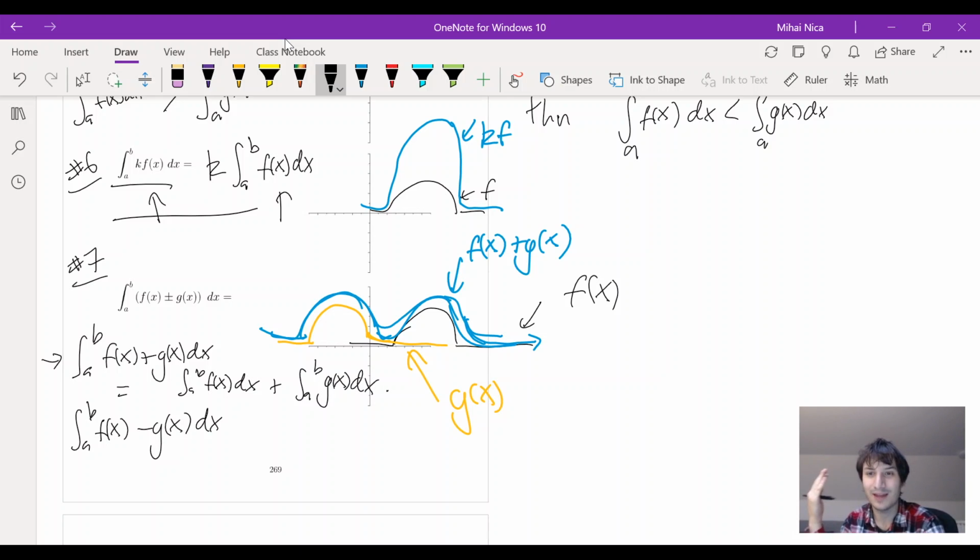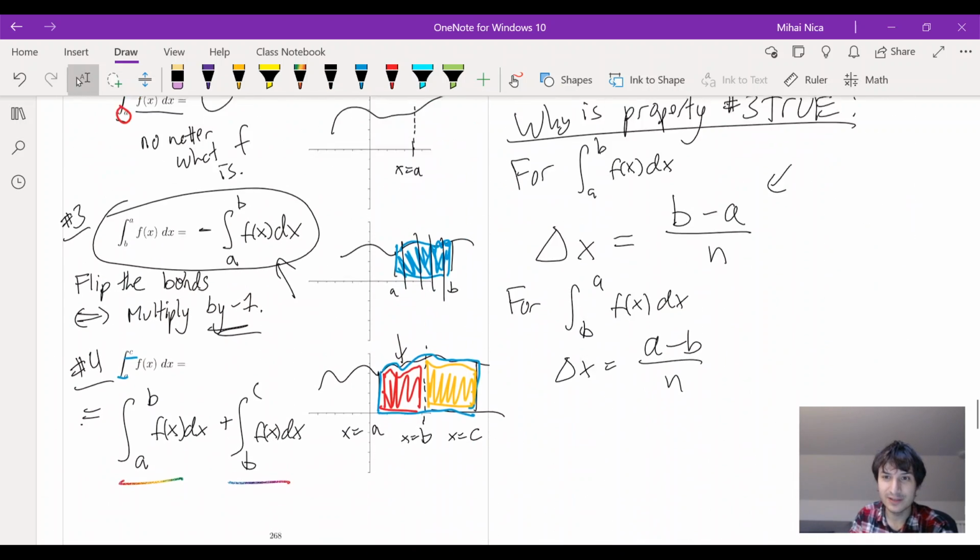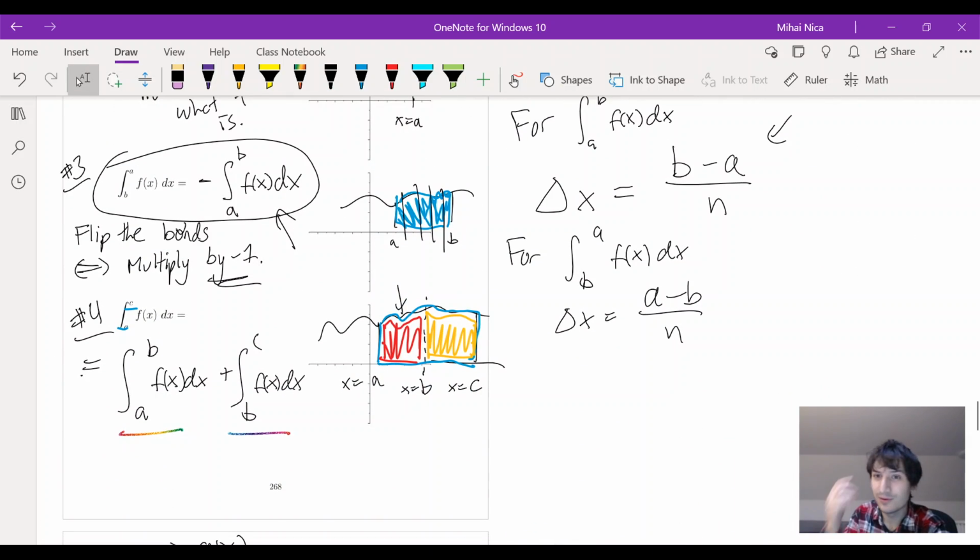If you know that limits obey adding, you can prove that these integrals obey adding too. Same thing for minus: the integral of f of x minus g of x dx equals the integral of f of x dx minus the integral of g of x dx, from a to b. Those are properties of definite integrals. I think they go with your intuition about what areas do, and they also come from the limit laws.